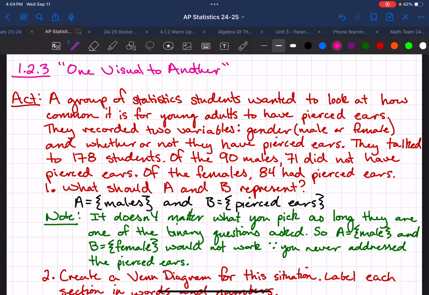Where you want to be careful, though, is you don't want to choose things that are part of the same variable. So A as male, B as female would not work because you never addressed pierced ears. You never talked about that other variable. So go ahead. If you use something different for A and B, that's totally fine. Just make sure that your numbers work out the same in the end.